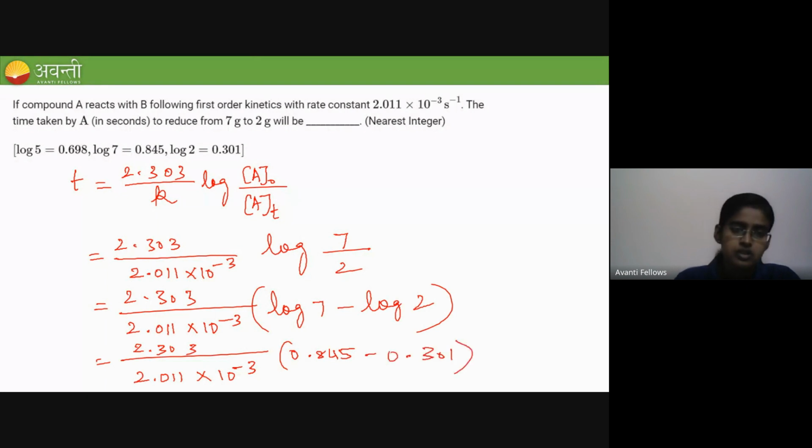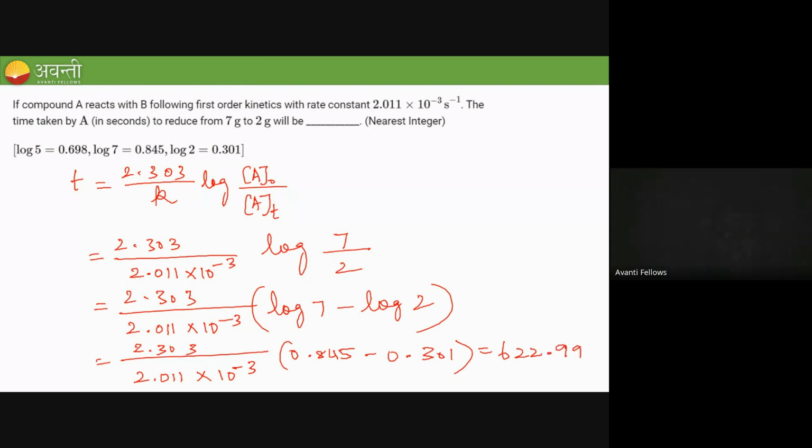So it will be equal to 622.99, which is approximately 623 seconds. The time is approximately 623 seconds, the nearest integer. So the correct answer is 623. Now let's go with the next question.